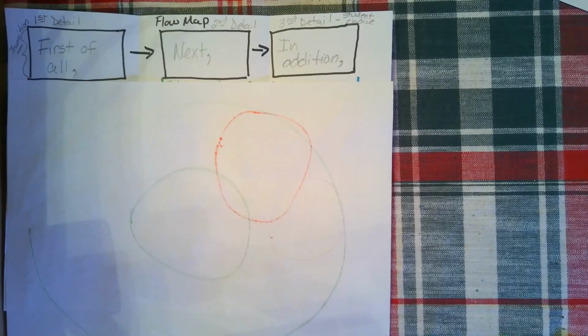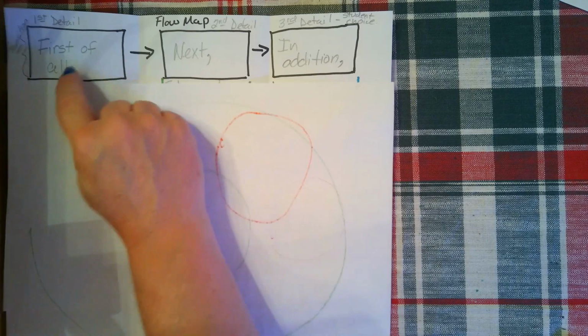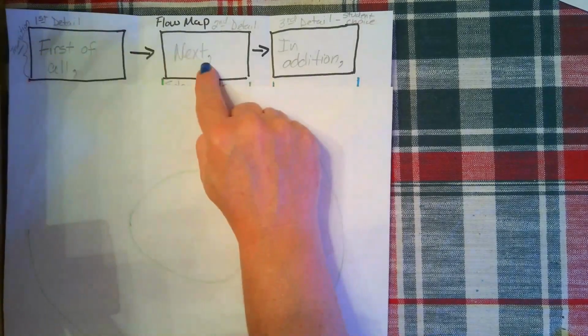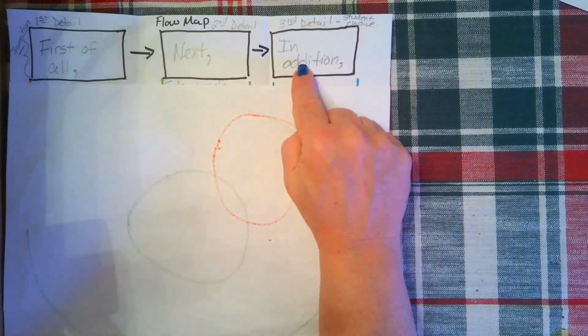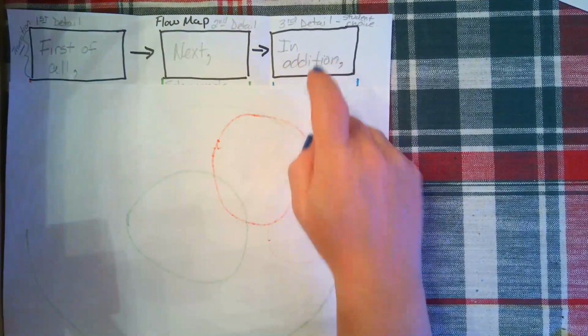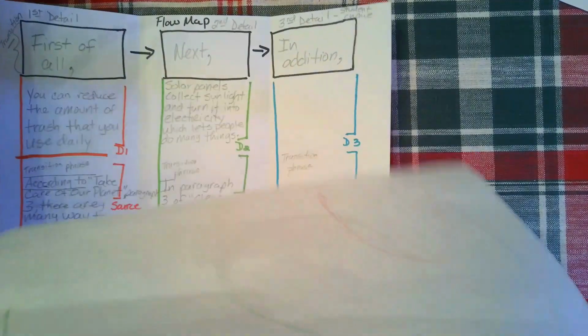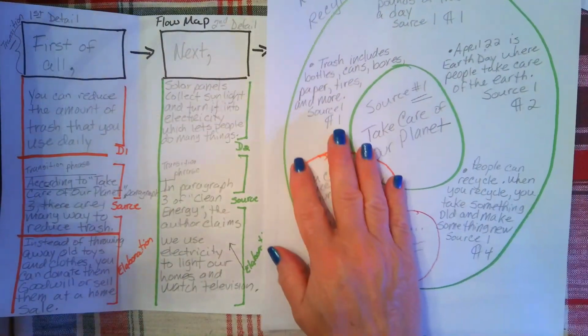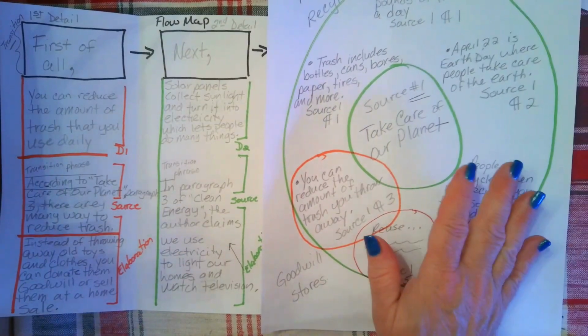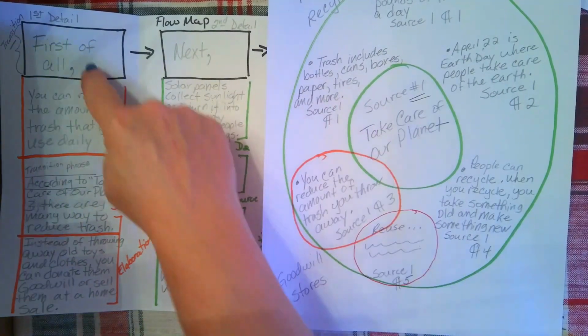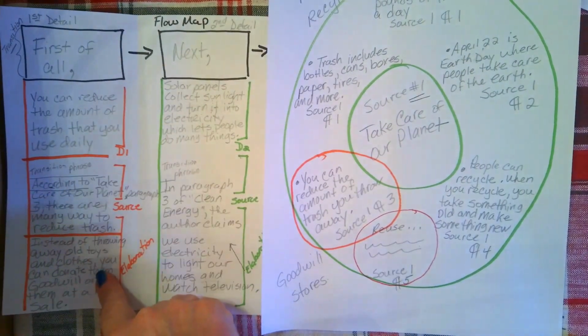So after you have the students outline in the appropriate colors for each column, you give them the transition phrase or word that they're going to be using at the beginning of the second, third, and fourth paragraph. And a flow map basically takes the information from source number 1, and that will be all the orange.